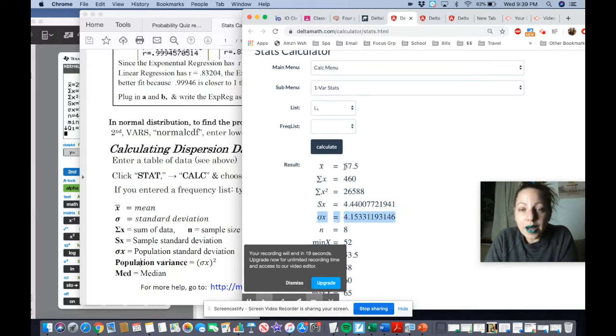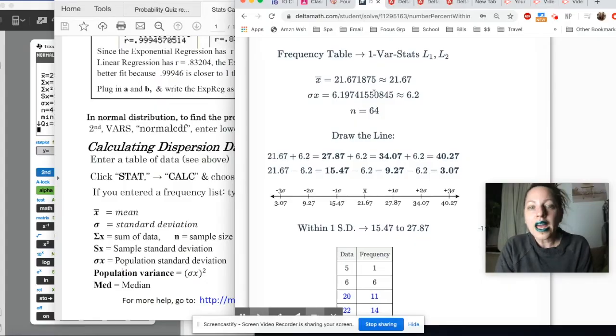Okay. So I'm going to go here and I look at that right there. And that means that I'm going to go from 57.5 and I'm going to go up this many and down that many. So what that means is I take the average, I'm going to add the standard deviation, and then I'm going to subtract the standard deviation. Since it says within one standard deviation, I'm looking one above and one below.